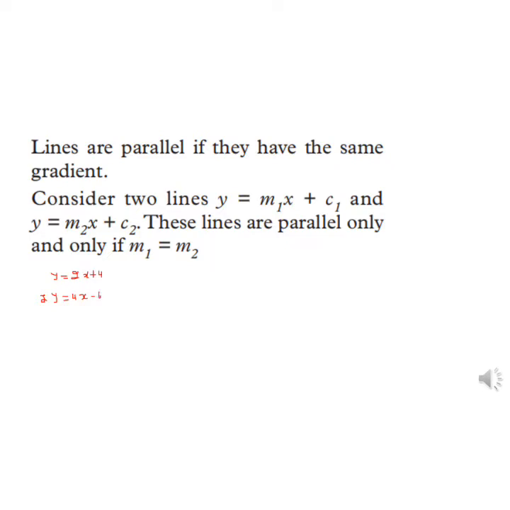So now this is example A. About example B, y is equal to x plus 4, and y is equal to 2x minus 5.